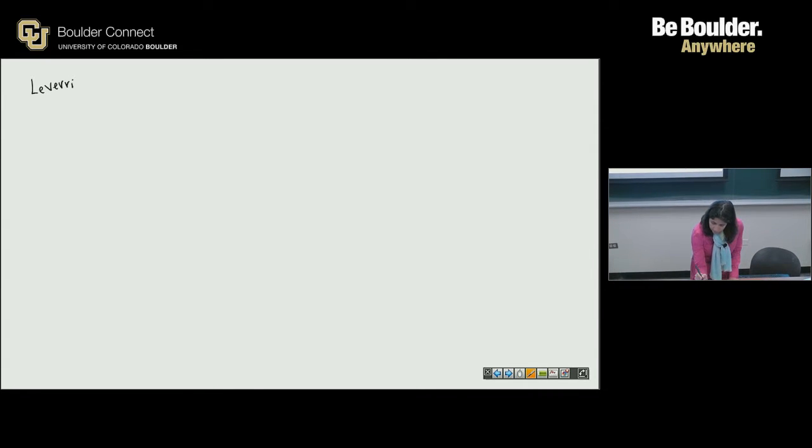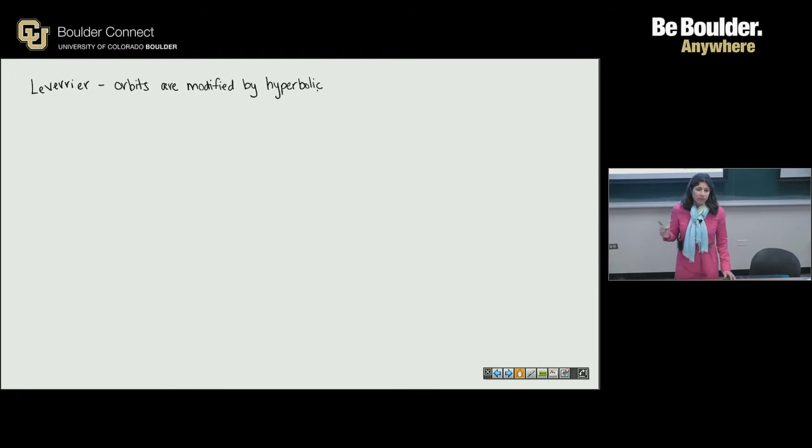So around this time, Leverrier realized that these orbits are modified by hyperbolic encounters. Meaning that while you're on a flyby, the spacecraft, the comet, whatever, as it flies by the planet, it's on a hyperbola with respect to that planet.